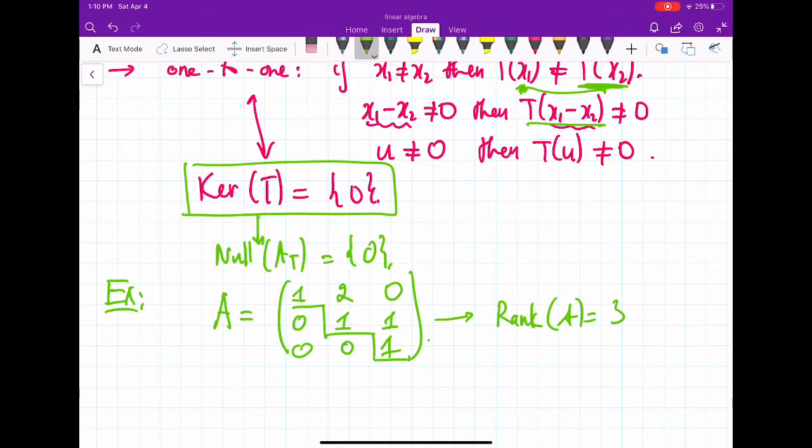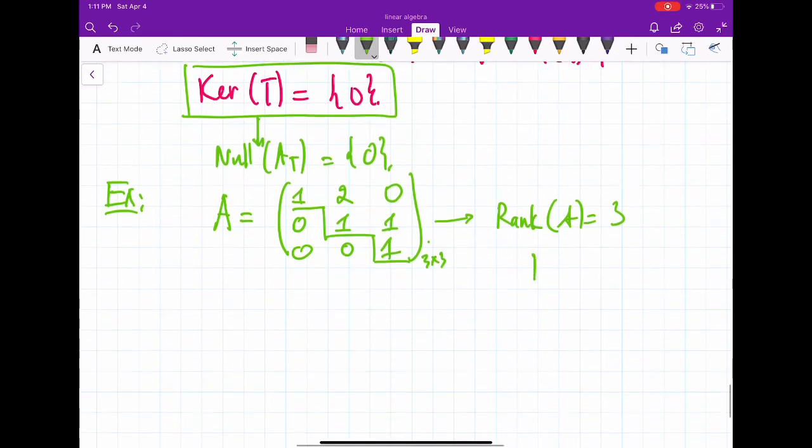A, in this case, is invertible, because it is square, right? And we know that for such a matrix, the null space is just 0. That means the kernel of T, I write T of A, T corresponding to A, is also 0.